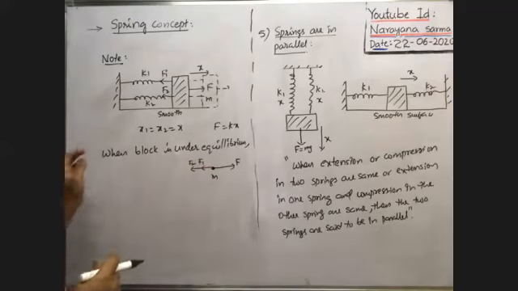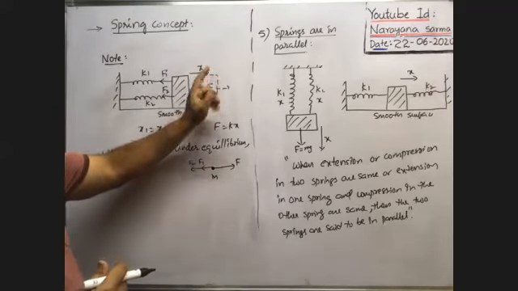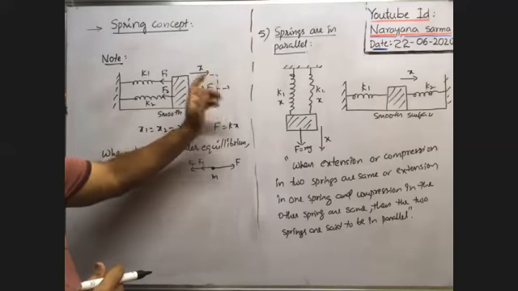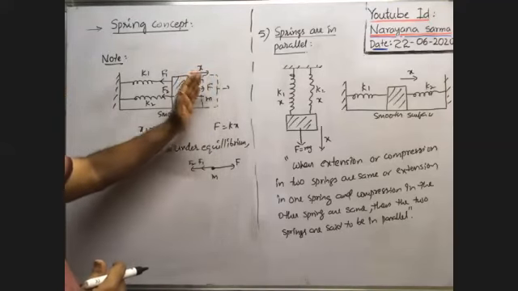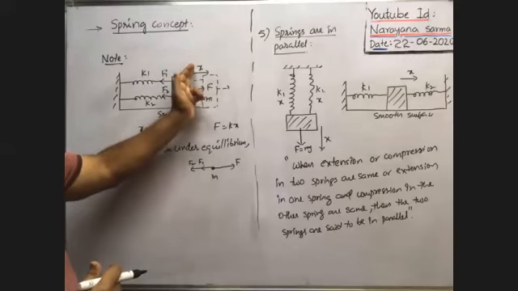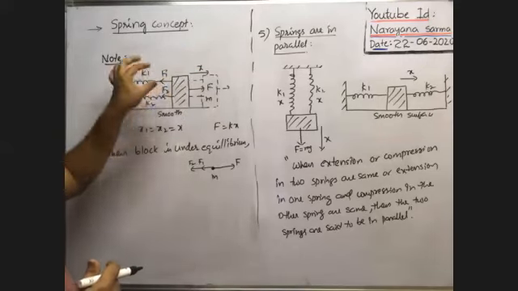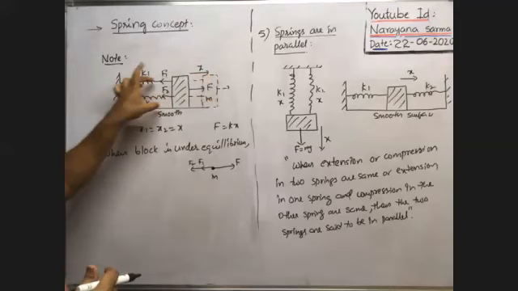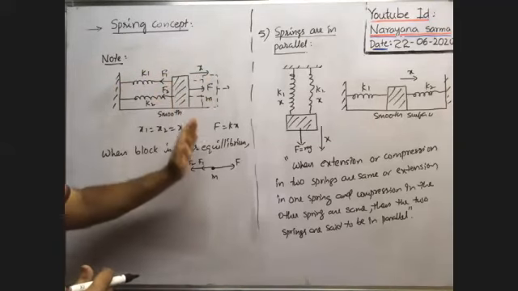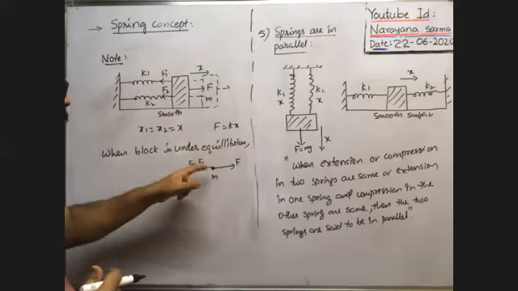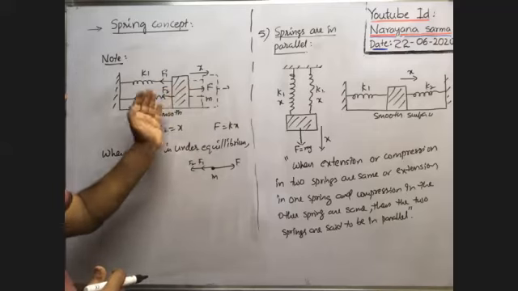Whenever the block is displaced by the applied force F in this direction through a certain distance, then at the same time, because of extension of the springs by x, spring forces are developed, and those spring forces pull the block in the backward direction. That's why on the block, two spring forces F1, F2 act in the backward direction, or towards left, and the applied force towards right.